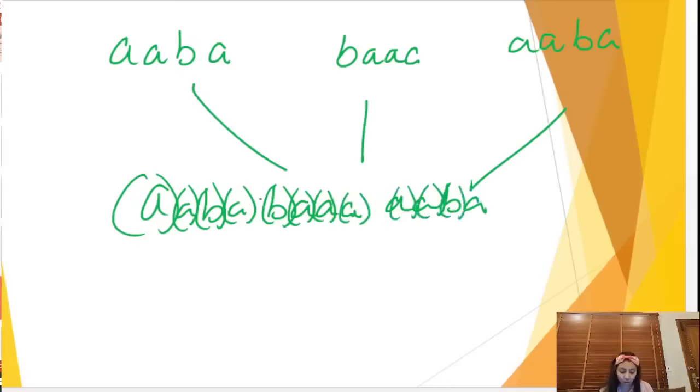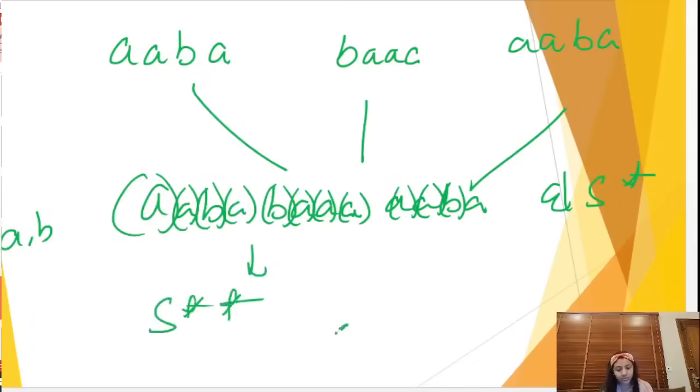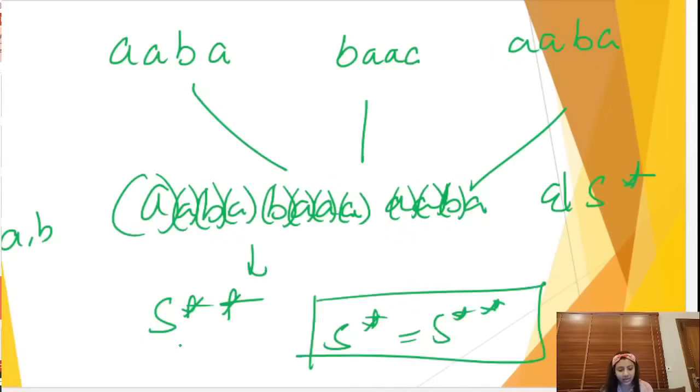Now all these factors, A and B, belong to my S star. And if they belong to my S star, then naturally their concatenation will belong to the closure of this also. So this proves that S star and S double star are equivalent.